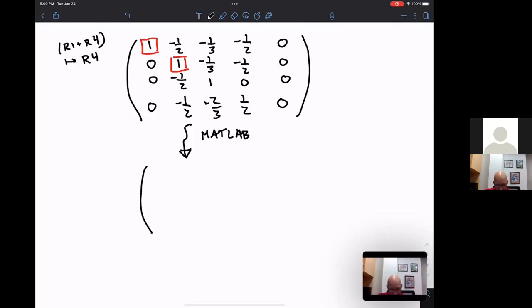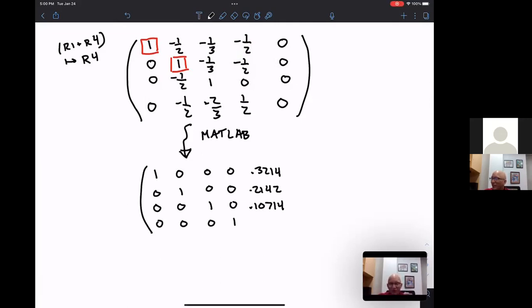So you'll get the following. So you get 1, 0, 0, 0, and then 0.3214. Gets a little bit messy, as you can tell. 0.2142, 0, 0, 1, 0, 0.10714. Oh, well, okay. I chose to change the precision there, that's fine.